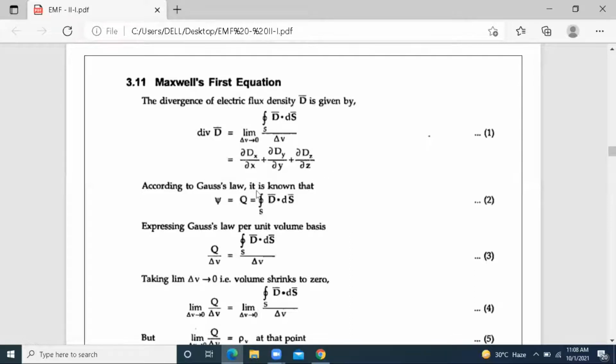But let's recall from Gauss's law. Q, the flux, equals the charge, equals the integral over the closed surface of D dot ds.